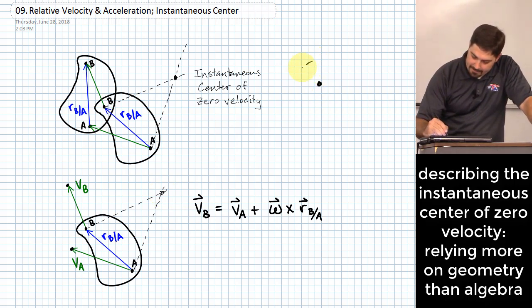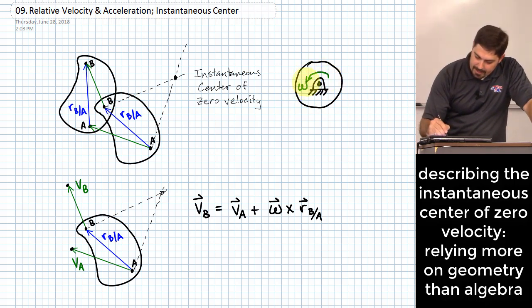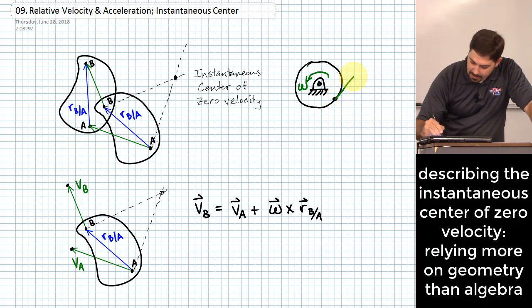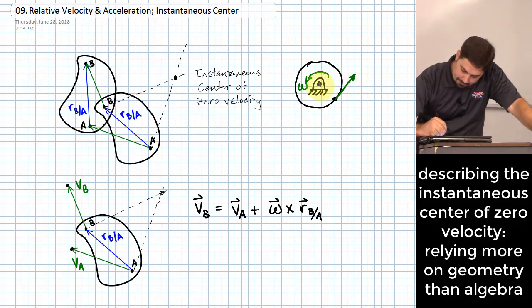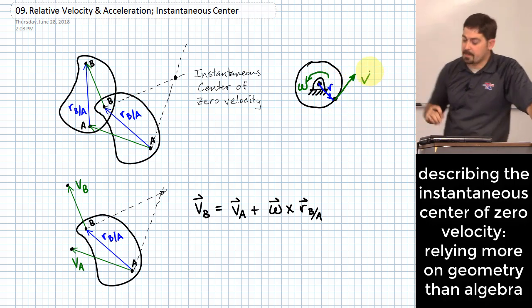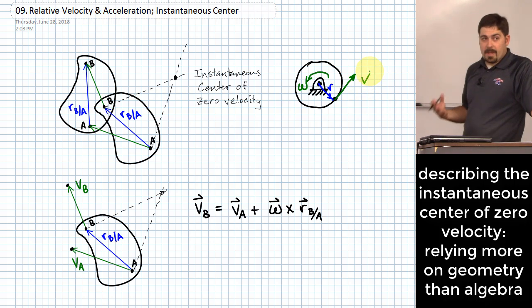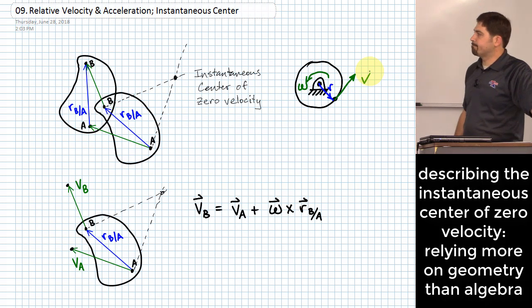If you have a body that is fixed axis rotation, kind of like this, we had relationships between the angular velocity omega and the instantaneous linear velocity. Let's say there's a point right here. The instantaneous linear velocity is going to just be omega times r, right? Or the magnitude of the velocity there, the linear velocity, is going to be just omega times r. That's basically the only relationship that we need to know when we're doing instantaneous center of zero velocity.